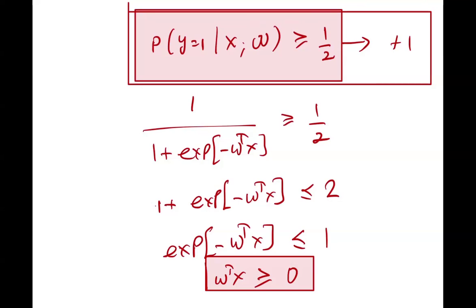In fact, there's a nice analogy between the probability interpretation and this dot product interpretation. If the probability is very close to half, that is equivalent to saying this dot product is very close to 0. It's just slightly positive if it's more than half, because you can work it through. Which means if the probability according to the model is very close to half, then your W transpose X will be very close to 0, which means the point will be very close to the hyperplane.